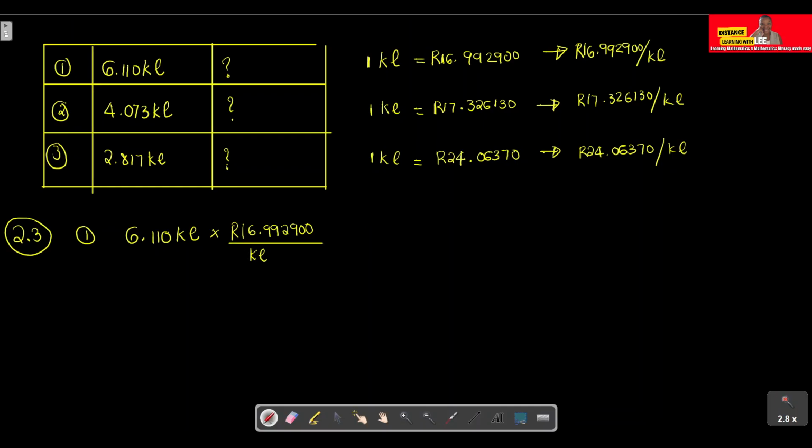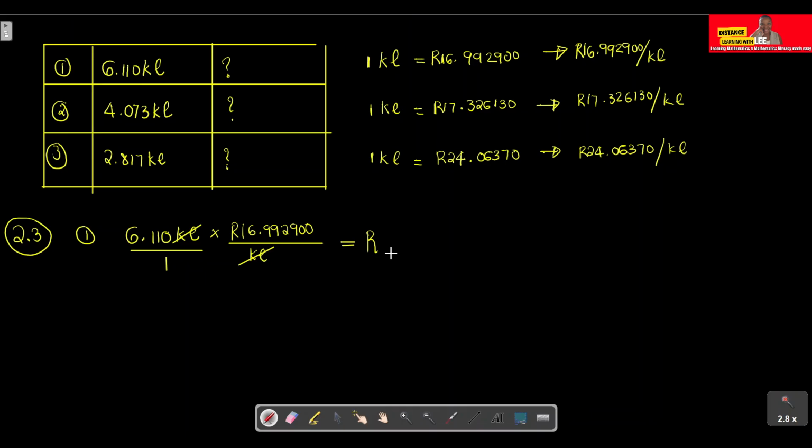What do we notice here? The kiloliters and the kiloliters cancel, and whatever value we get tells us how much he pays towards his water bill in the first block.